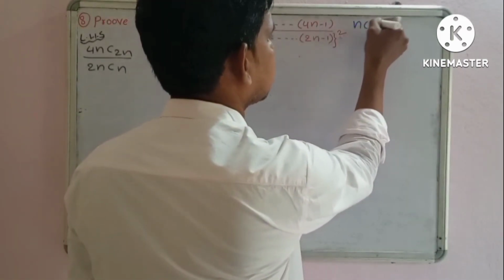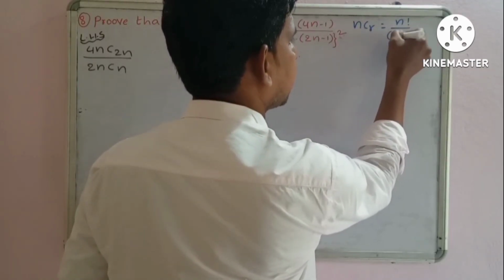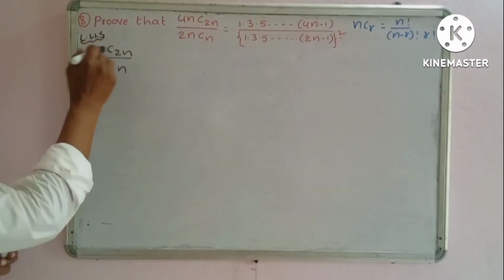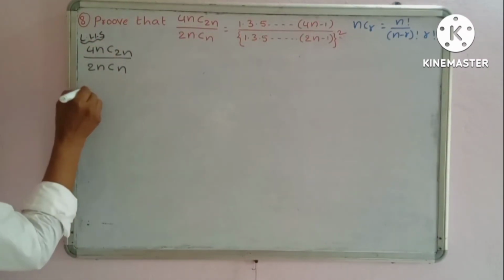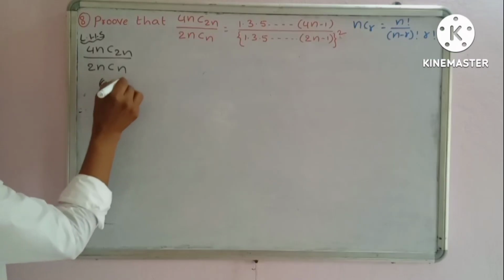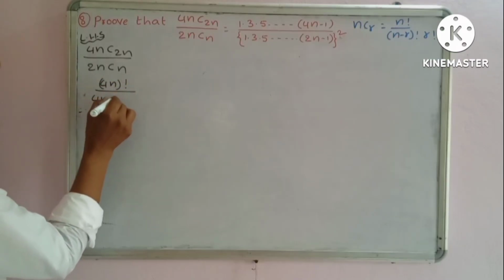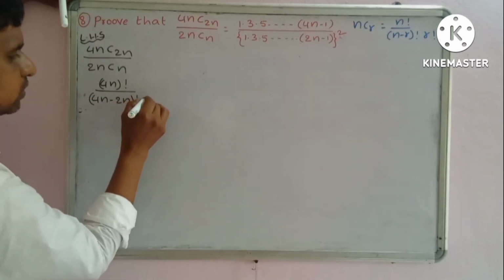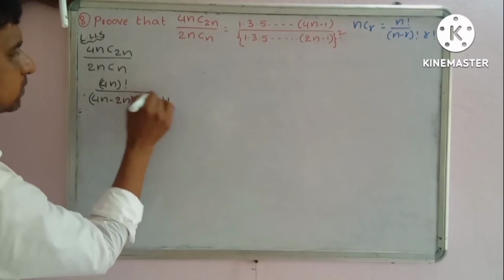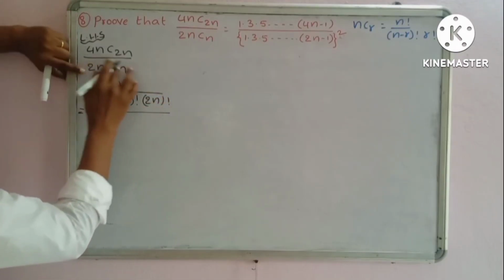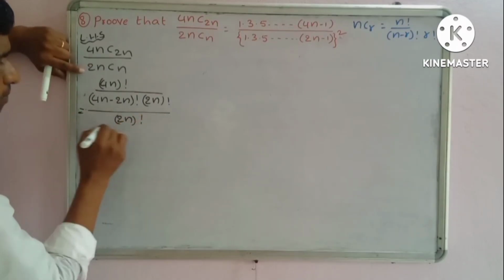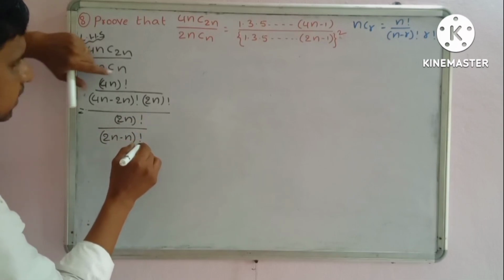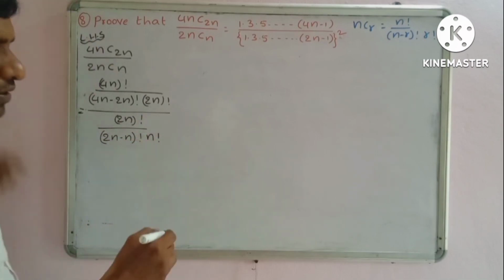What is the formula of nCr? n factorial by (n minus r) factorial into r factorial. So here n is 4n, r is 2n: 4n factorial by (4n minus 2n) factorial into 2n factorial, divided by 2nCn, which is 2n factorial by (2n minus n) factorial into n factorial.